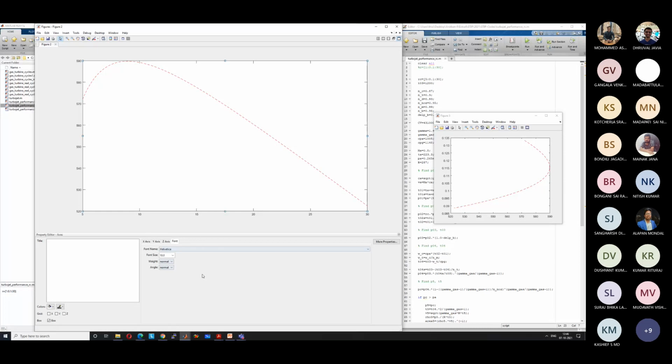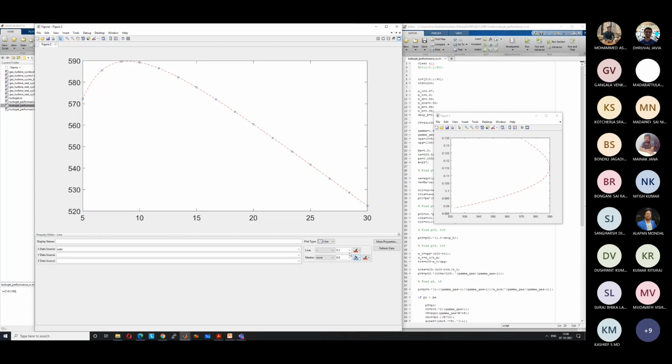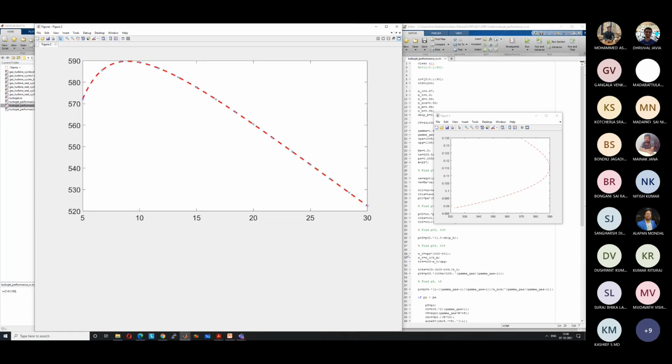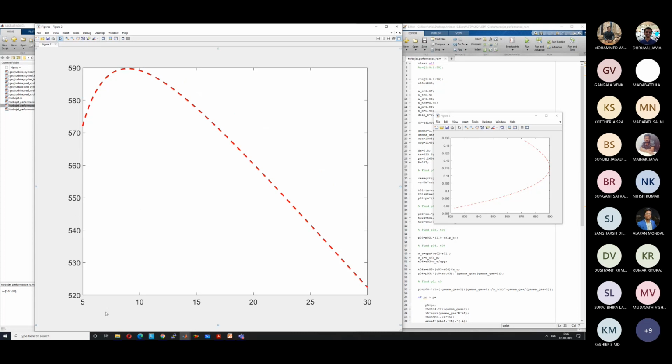Next time I will write this in the program itself. So with increasing pressure ratio, the specific thrust first increases and then it starts decreasing.